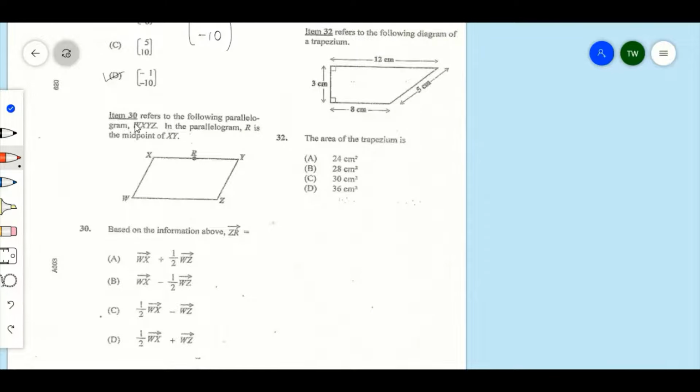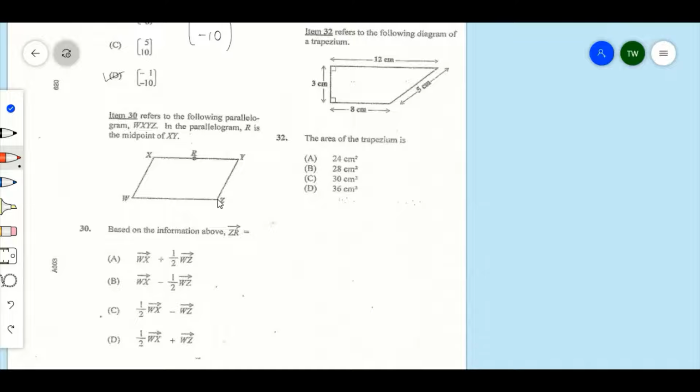Item 30 refers to the following parallelogram WXYZ. In the parallelogram, R is the midpoint of XY. Based on the information above, vector ZR is, now what we want is this vector here, which is ZR.